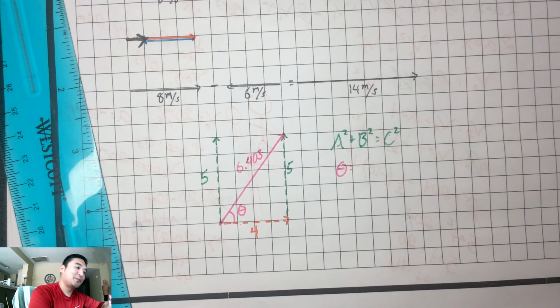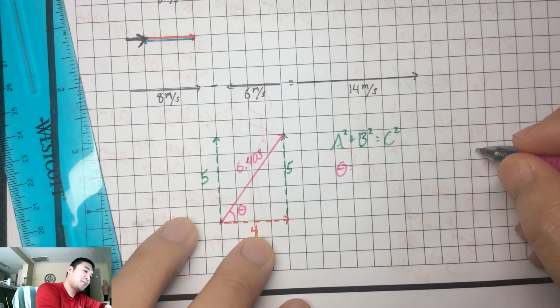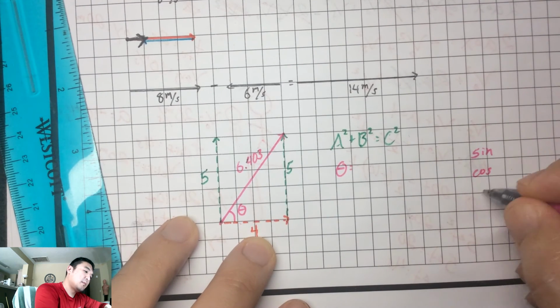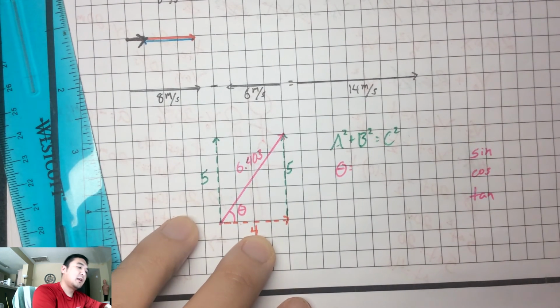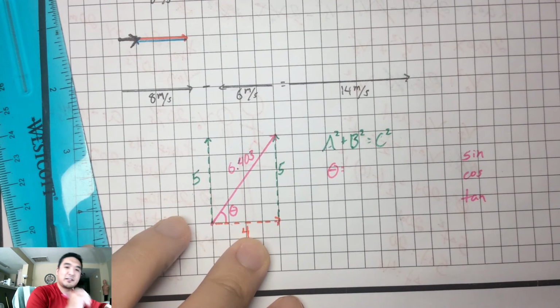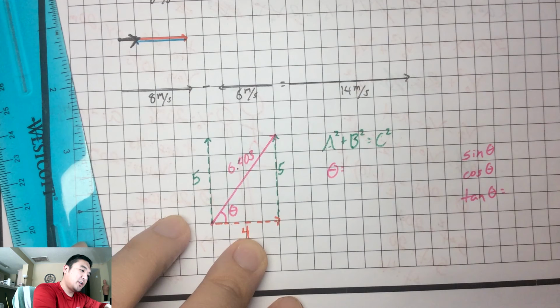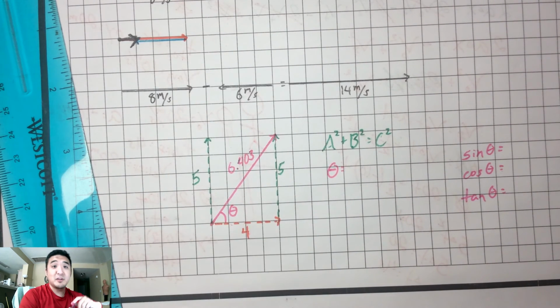I can use sine, cosine, or tangent. Now, these won't find us the angle. These are equal to the ratio of two sides of my triangle. The thing that's going to find us the angle is going to be that arc sine or inverse sine, cosine, or tangent.